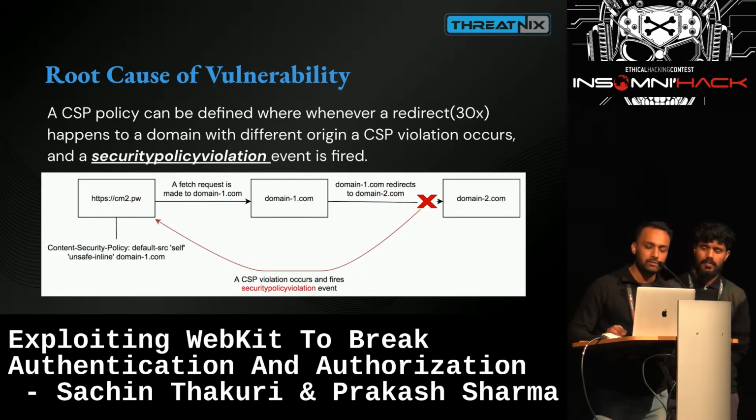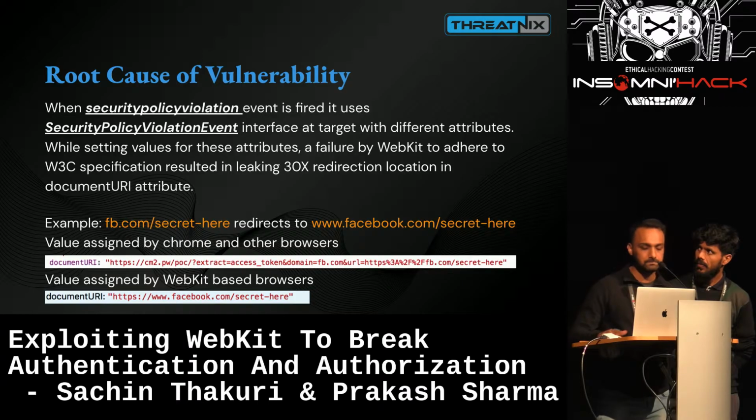Now, the response header from domain1.com contains a location header that redirects to a domain with a different origin, domain2.com. But due to our CSP policy, which we define, the request to domain2.com is blocked and a CSP violation event is fired.